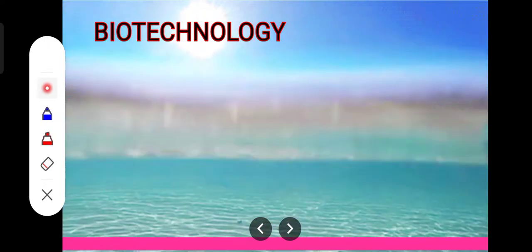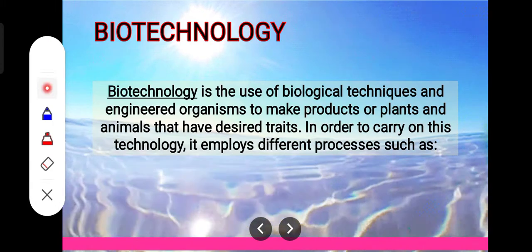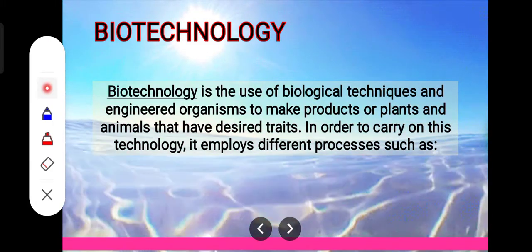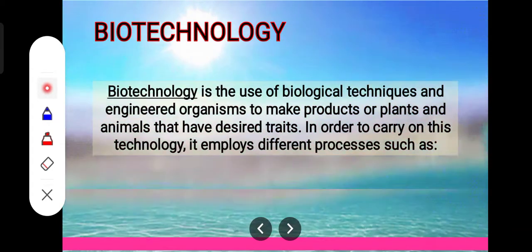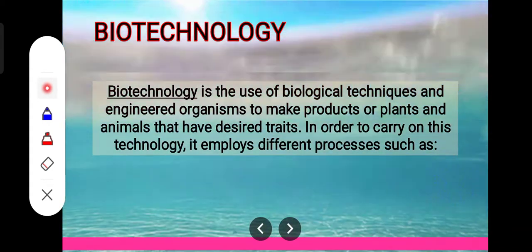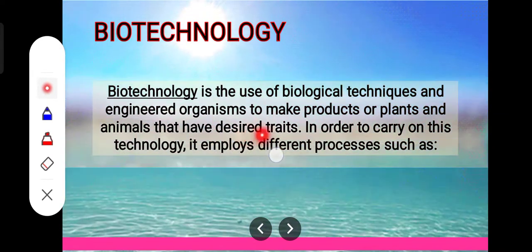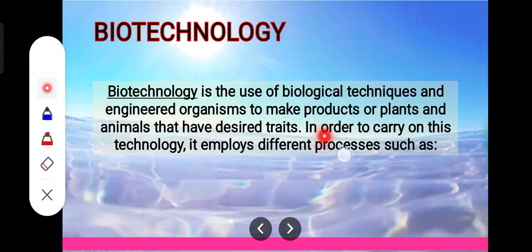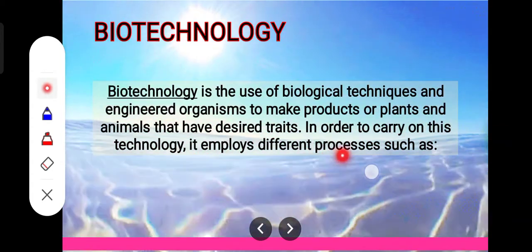Biotechnology is also important in genetic engineering or in modification of the DNA. So, what is biotechnology? Biotechnology is the use of biological techniques and engineered organisms to make products or plants and animals that have desired traits. In order to carry on this technology, it employs different processes.